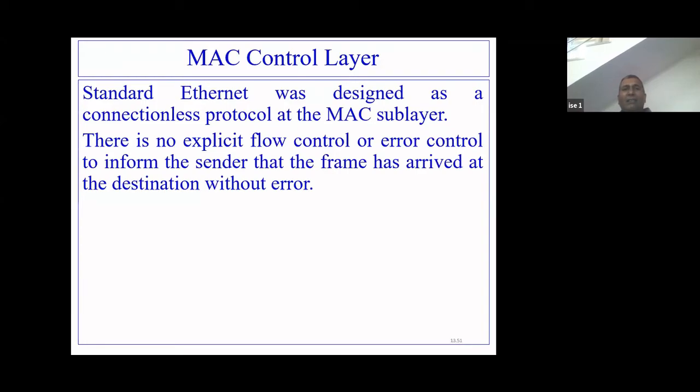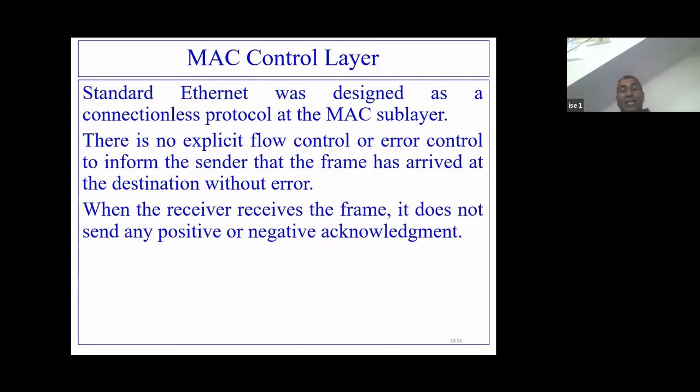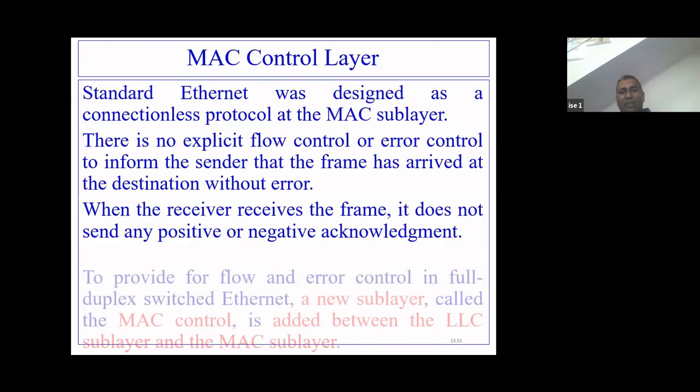Standard Ethernet had not defined any flow control or error control mechanism to inform the sender that a frame has arrived without error or with error. No information was given by the receiver to the sender. Simply, it will drop the packet.